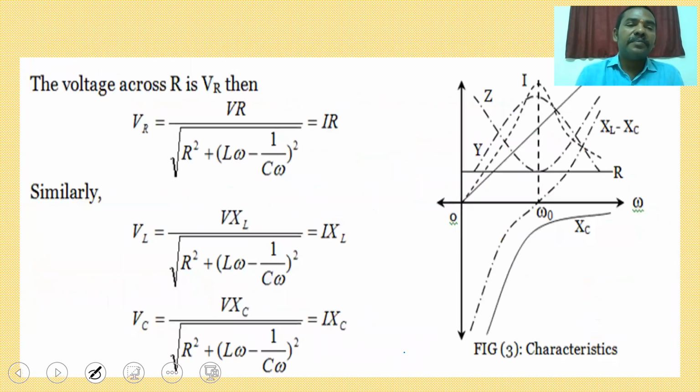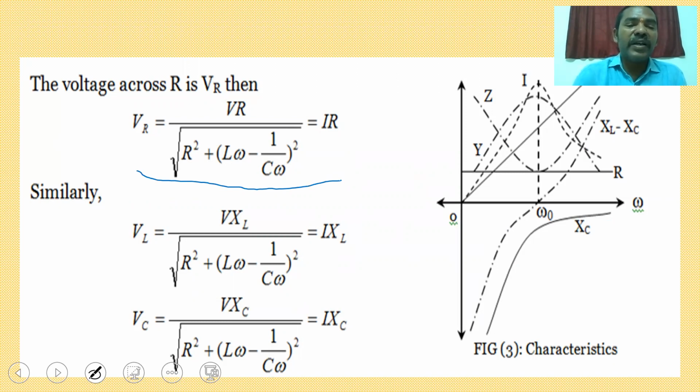From that, the voltage drop across the resistor is I into R, so that is V into R divided by root of R square plus (L omega minus 1 by C omega) whole square.